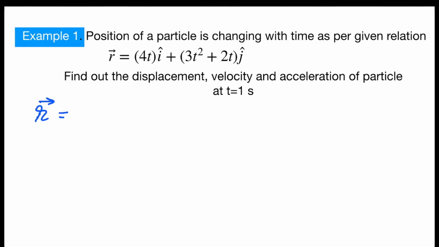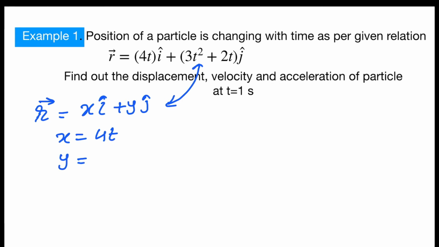Here the position vector r is equal to x i cap plus y j cap, where x is the component of position vector in x direction. So if we compare these two equations, we know that x equals 4t and y is equal to 3t square plus 2t. So displacement in x and y directions are both time dependent.